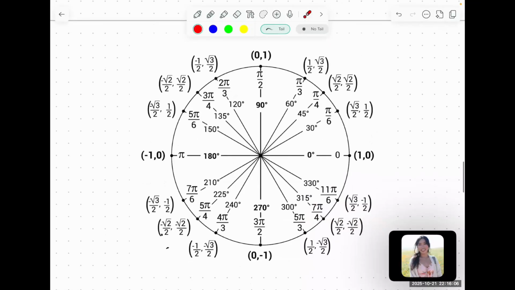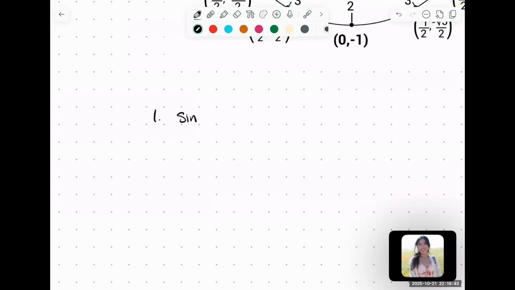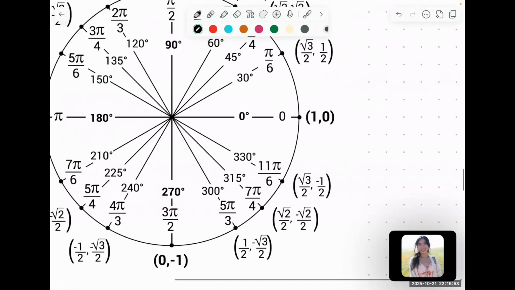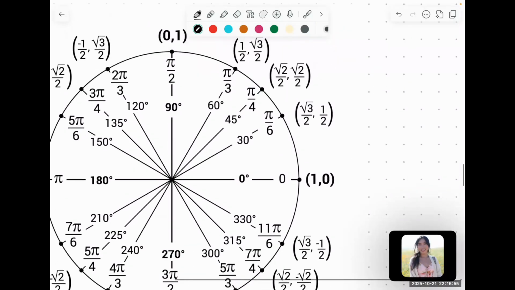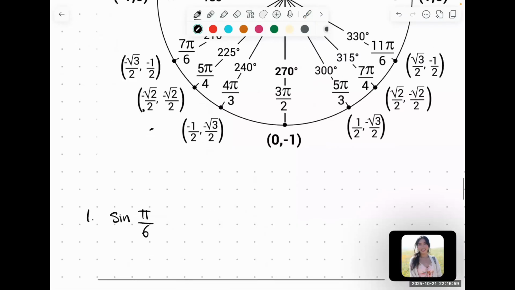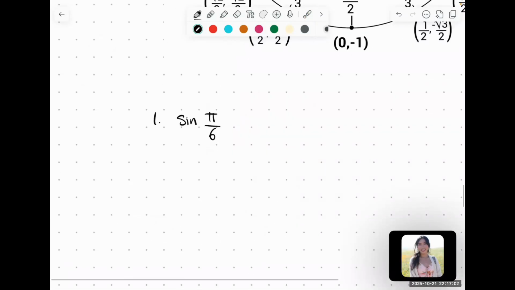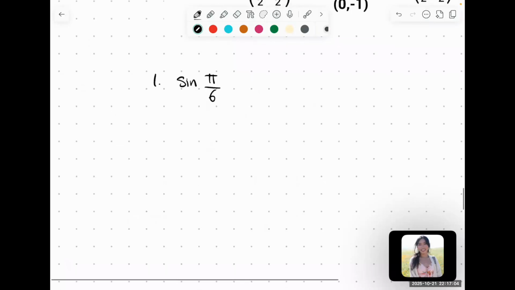And I feel like if we do some problems, it will probably just help. Let's find sine of pi over 6. So how do we do that? Well, we said earlier that this is the x and y. And for sine, if you don't know, sine is our y value, and cosine is our x value.